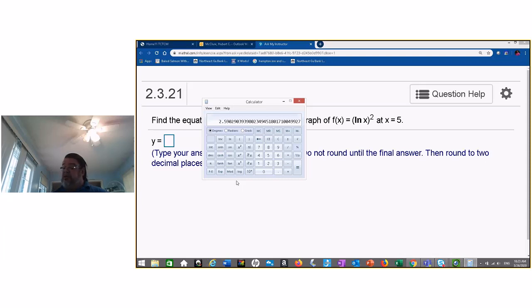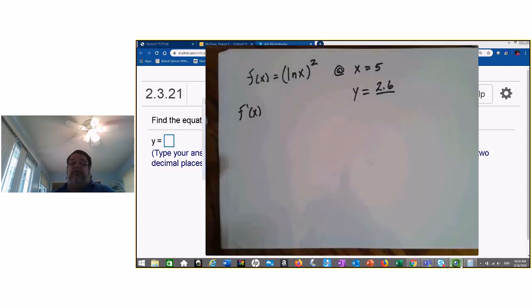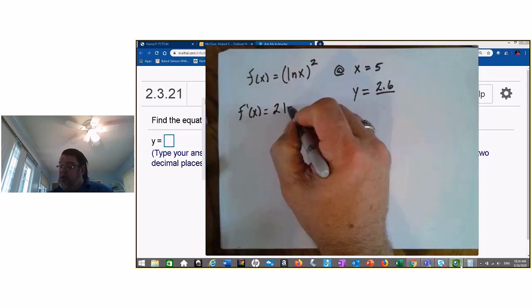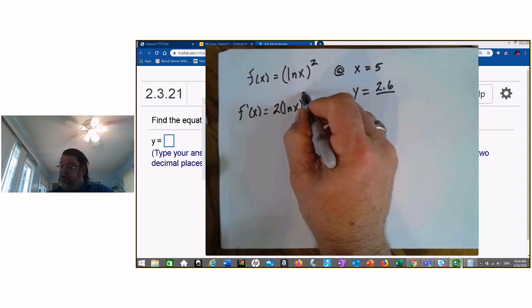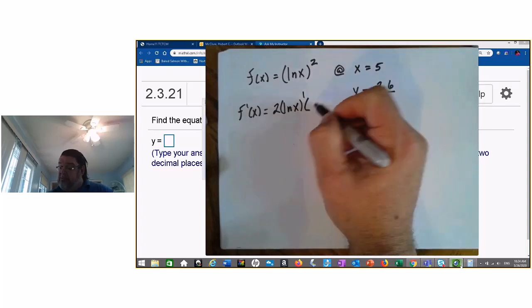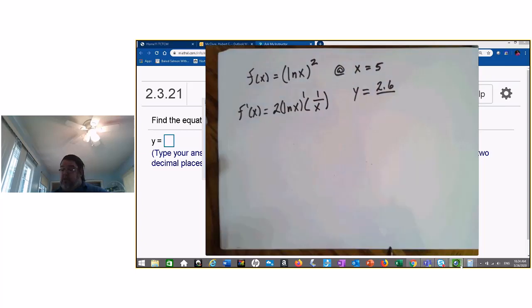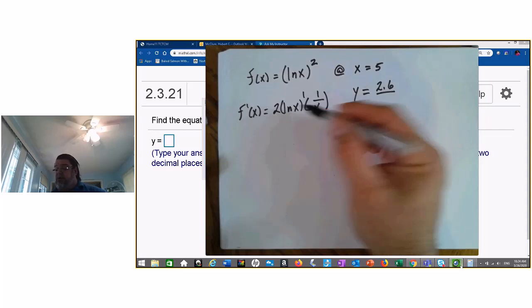Now let's take the derivative. We're going to have to use the chain rule because this thing is raised to the second power. So f prime of x is equal to 2 natural log of x to the first power times 1 over x, because that is the derivative of natural log of x.